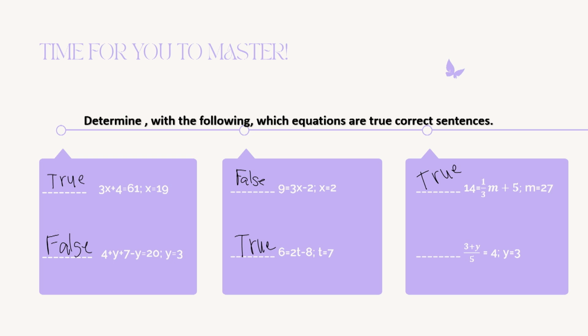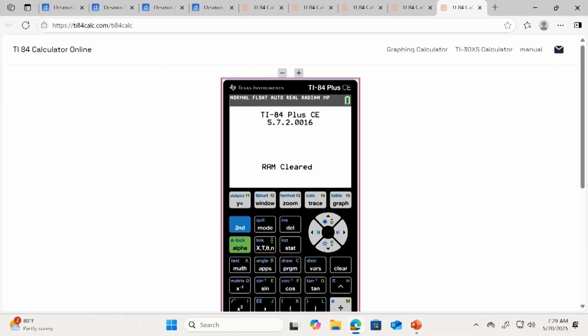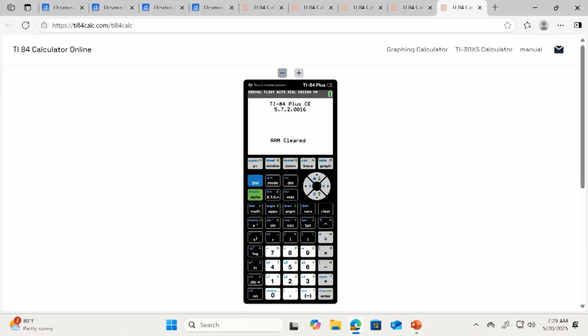3 plus y divided by 5 equals 4, where y equals 3. So I'm going to go back to my calculator. I'm going to tell my calculator everywhere I see my variable, it is a 3. Press enter. So now I'm going to put that fraction back in. Alpha y equals, I'm going to get that number 1. I'm going to put 3 plus my variable, scroll down to get to the denominator and put a 5.